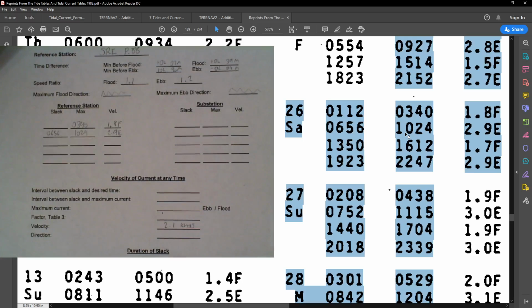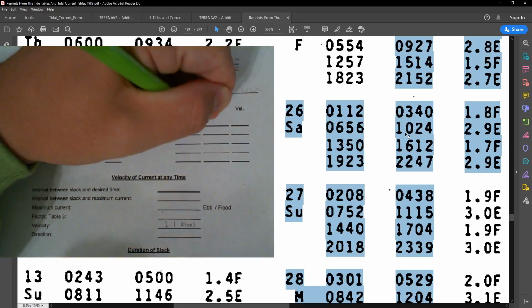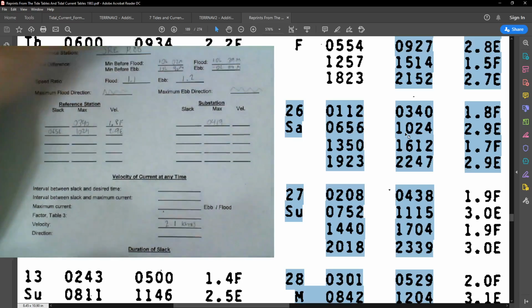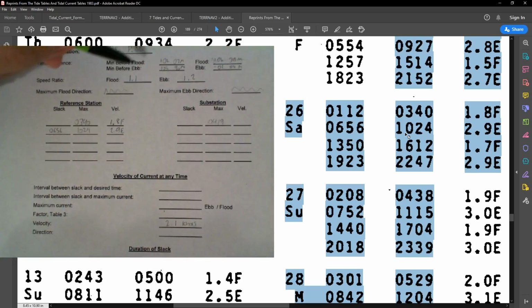So 0340 from the max, so that would be plus 40 plus 39 is 79 minus 60 is 19. That would be 0419. And we're going to cross that out. We're not using a min before flood, so we're going to cross that out.